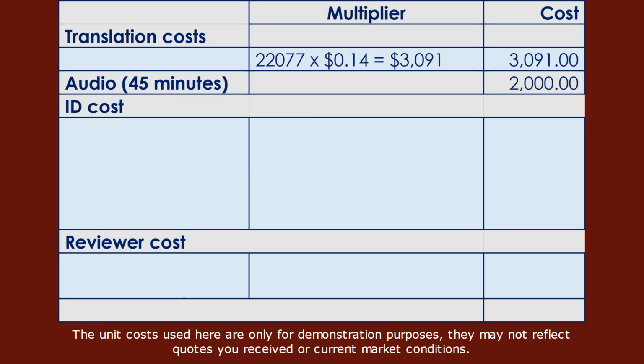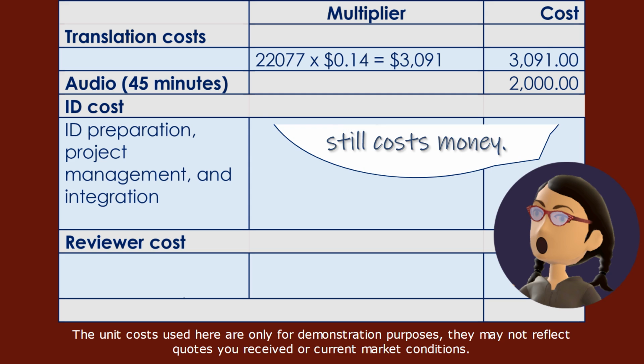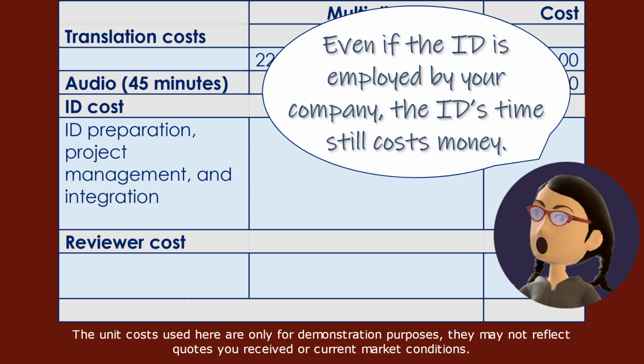The instructional designer's, or ID's, cost is based on the number of hours it takes for the ID to prepare the document, manage the project, and integrate the translation into the project. Remember, even if the ID is employed by your company, the ID's time still costs money.